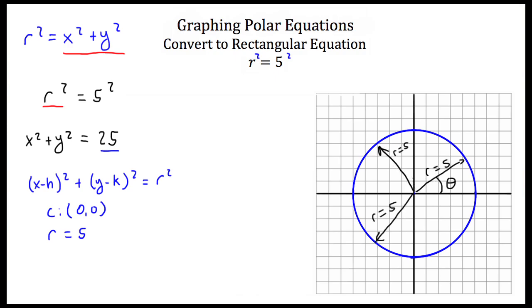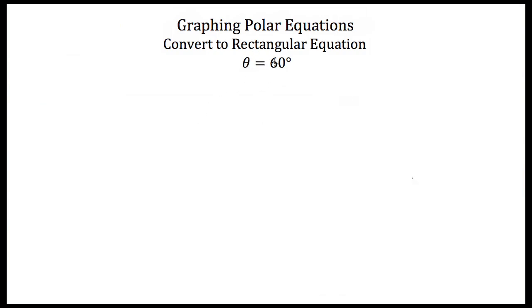Now let's try looking at another equation. Here we have theta is equal to 60 degrees. If I want to graph this, I'm first going to convert it to a rectangular equation. To do this, I have to remember that the tangent of theta is equal to y over x. Knowing that, I'm going to take the tangent of both sides of this equation.